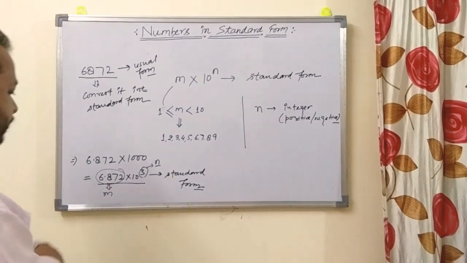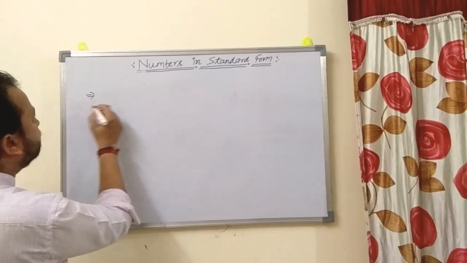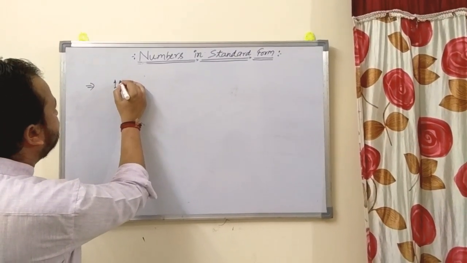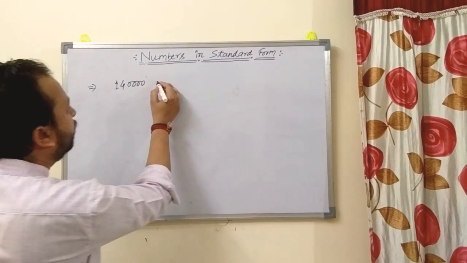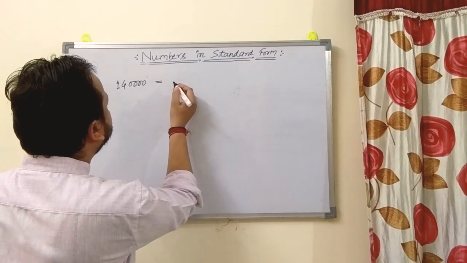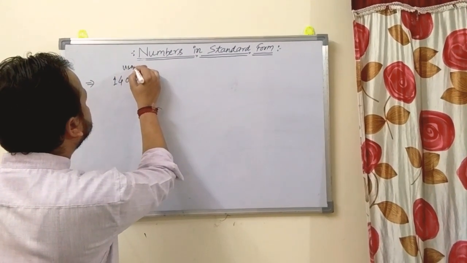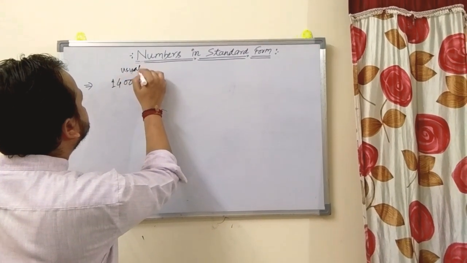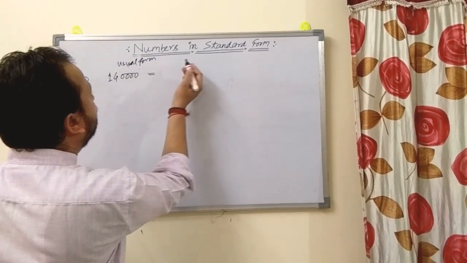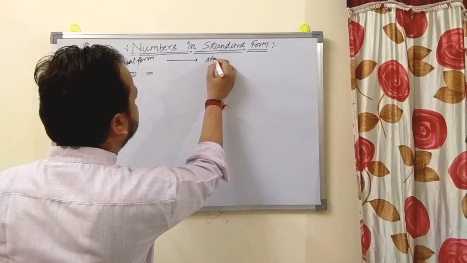Let's take another example. So suppose it is written as 140000, right? It is a usual form, and you have to convert it into standard form.